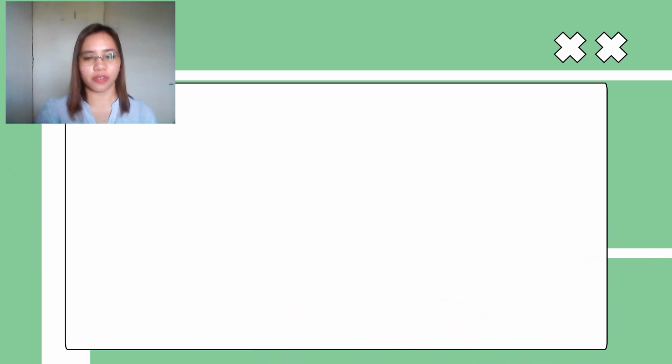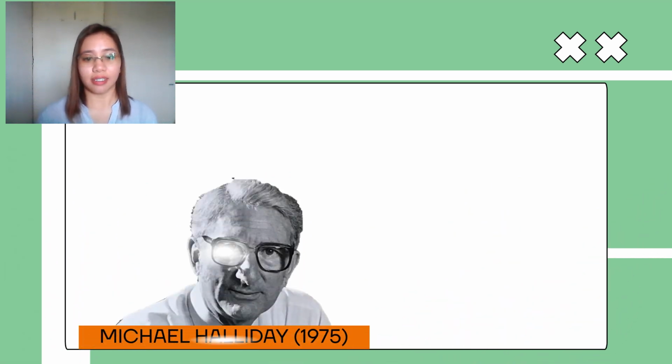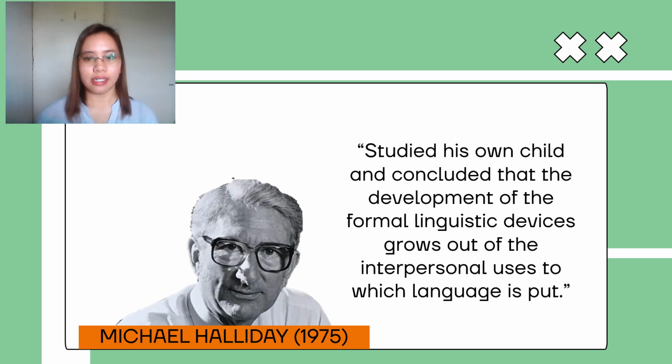According to some researchers, like Michael Halliday, he studied his own child and concluded that the development of the formal linguistic devices grows out of the interpersonal uses to which language is put. So this statement suggests that the development of language in a child emerges from the social interactions and practical uses of language in their environment.